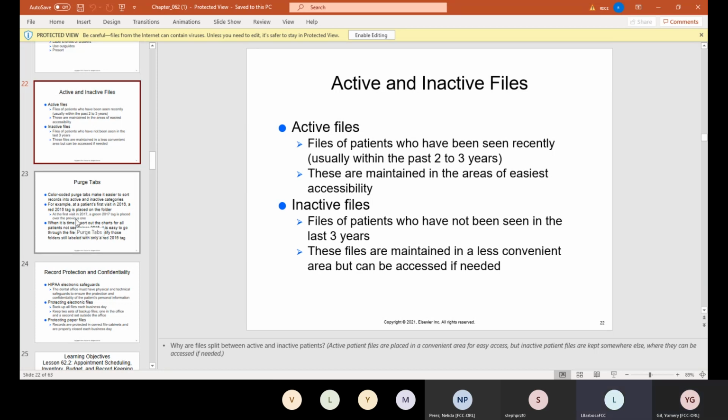Even though we have them on the system in the computer, we are still going to save those inactive files. Yes, because on the computer, sometimes you just have what they've had done, what insurance they had when they were a patient there, and if they paid anything or if they owe anything.